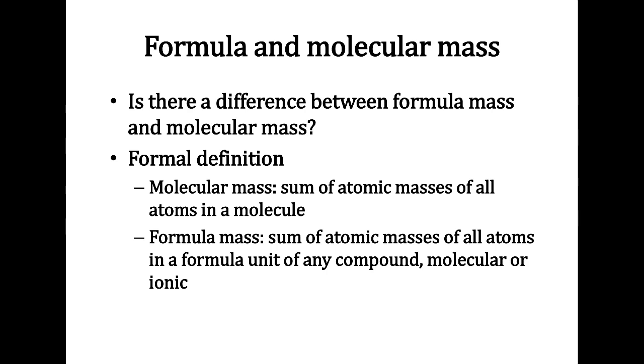So for instance, we just looked at ethylene glycol, C2H6O2. So we would find the molar mass of that. But then a formula mass would be the sum of the atomic masses of all atoms in a formula unit of any compound, molecular or ionic. So this would imply if we're looking at, for instance, sodium chloride, and we know that that is a binary inorganic compound. So there's sodium ions and chloride ions. But many times we will interchange these terms, but you should be aware that they do have different meanings.